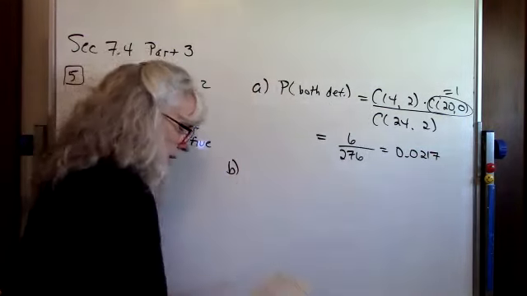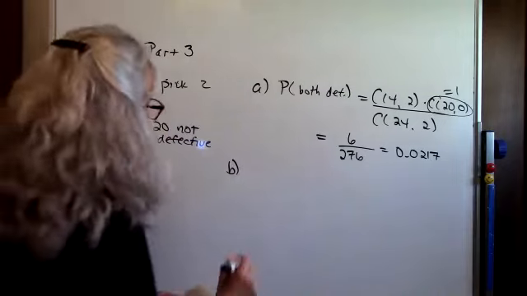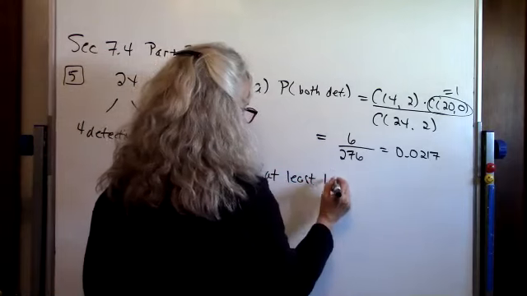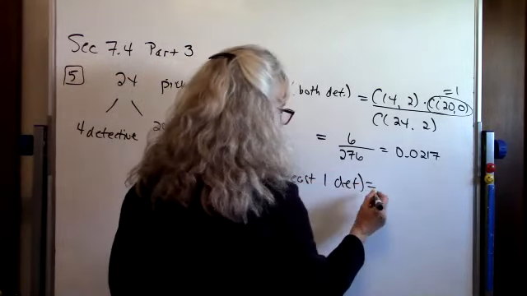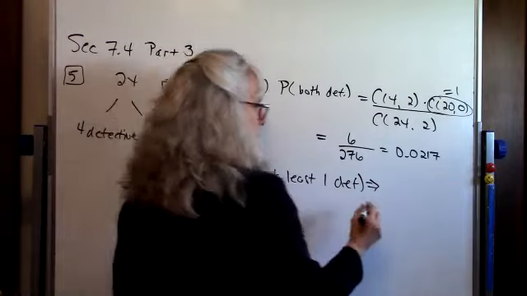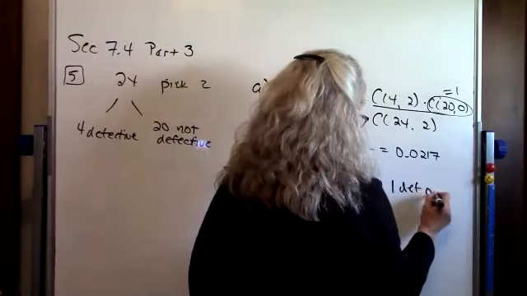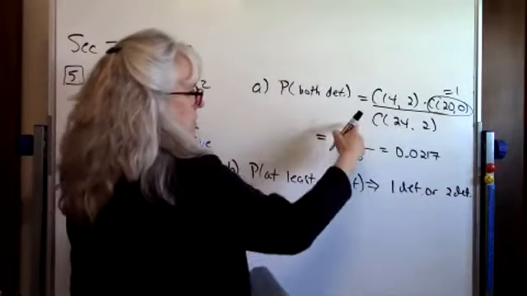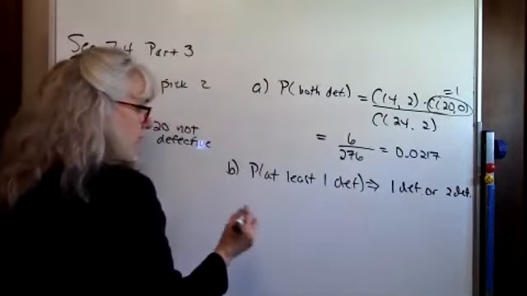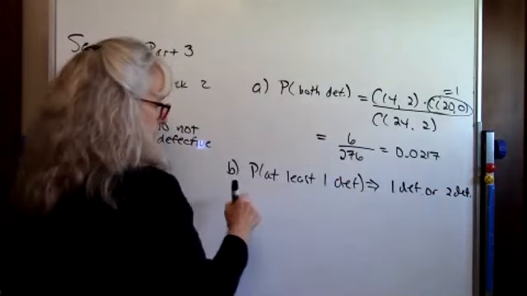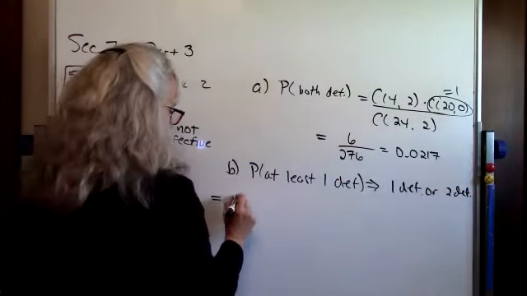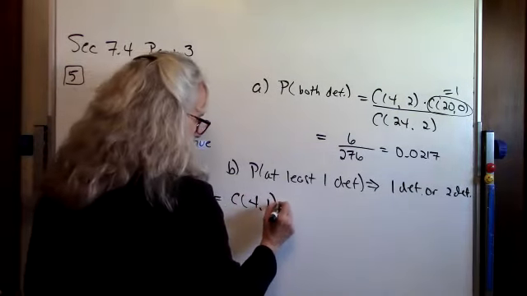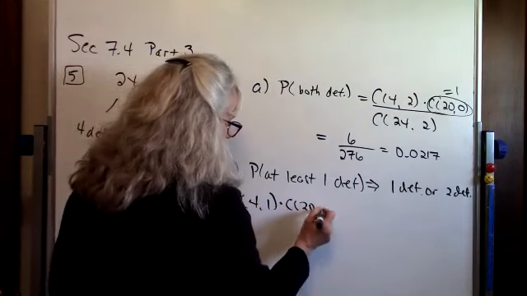Okay, what about the probability that at least 1 is defective? So the probability of at least 1 defective. What this implies is that you're picking 1 defective or 2 defective. Well, we already know the 2 defective because we just found it. So let's backtrack and find the probability of 1 defective first. So 1 defective means that of the 4 that are defective, we want to pick 1 of those. The other 1 is going to come from the 20 that are good.